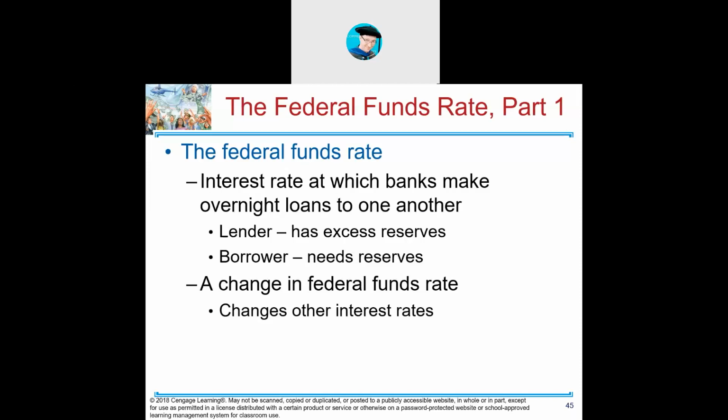There is an interest rate with the Federal Reserve. It's called the federal funds rate. And this interest rate really helps to fuel the Federal Reserve, because, as you know, interest is a form of revenue for banks. And so the lender has excess reserves, the borrower needs reserves, and the interest rate will change.